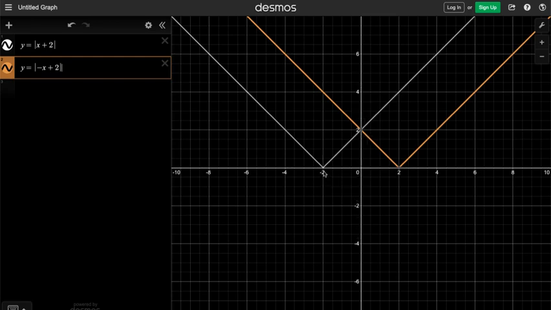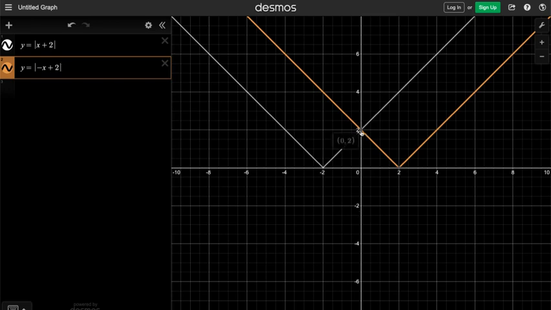The point (-2, 0) is reflected to the point (2, 0). The point (-4, 2) is reflected to the point (4, 2). Furthermore, because the point (0, 2) is exactly on the mirror, the y-axis, after the transformation it stays at the same place.